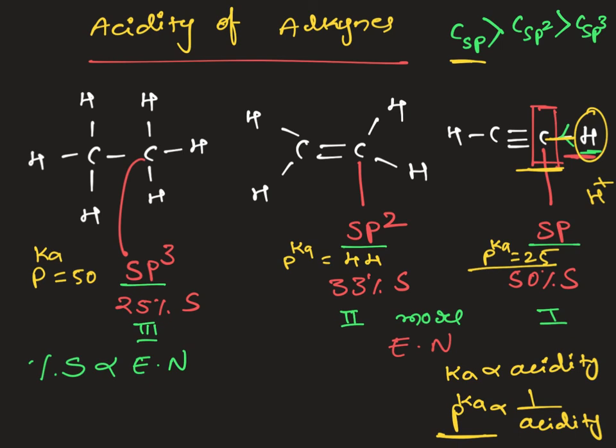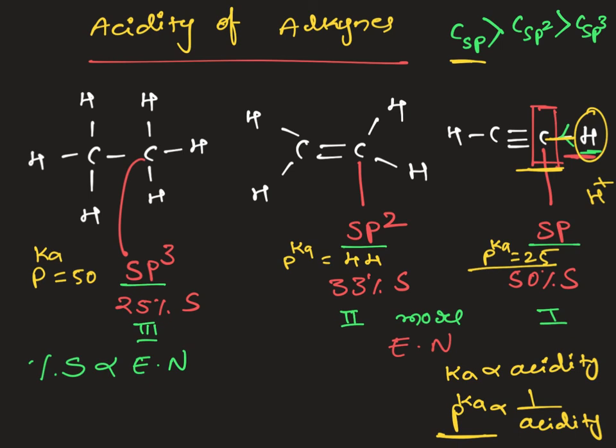Do all alkynes show acidic nature? No, it is specific to terminal alkynes, because the hydrogen should be attached to the sp carbon, then only that hydrogen shows acidic character. If the triple bond is present in the middle of the hydrocarbon chain, it may not show acidic character.